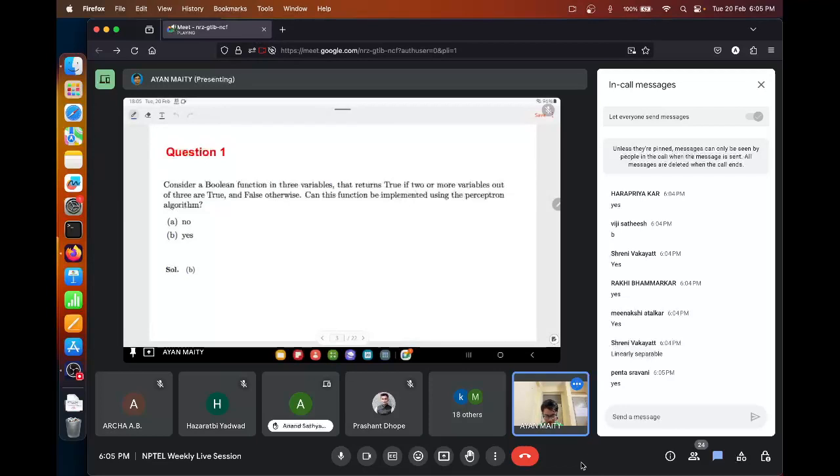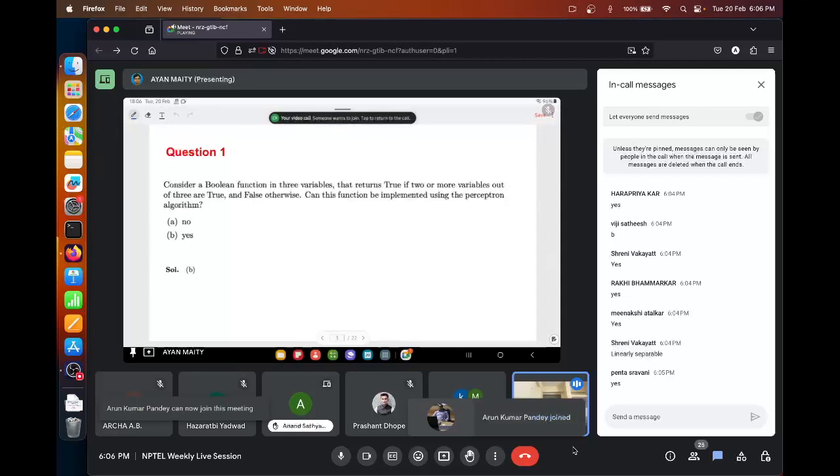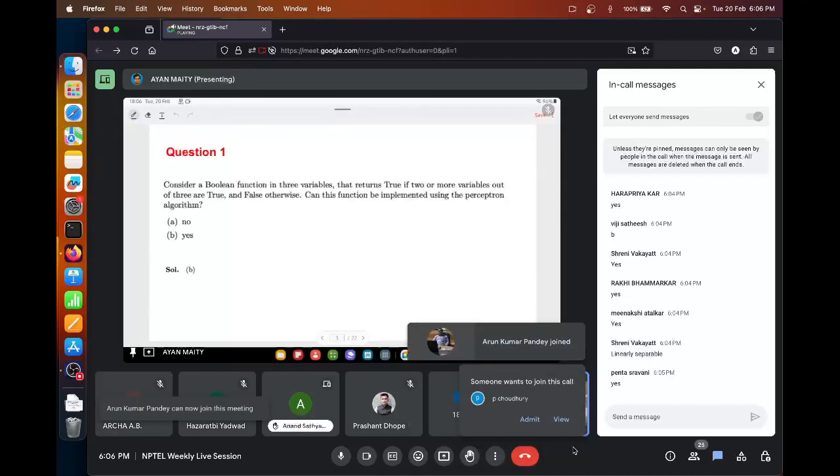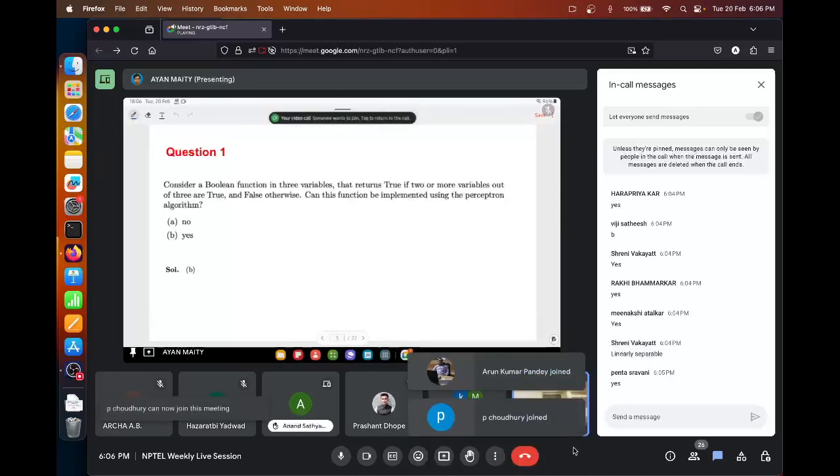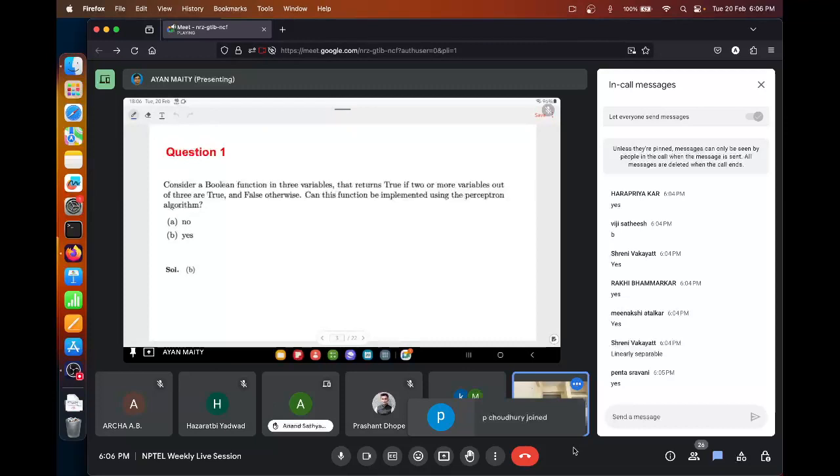So to find out the answer, we just have to check whether the points are linearly separable or not, because perceptron learning algorithm is a linear classifier. So if the points are linearly separable, then only perceptron learning algorithm will be able to classify the points.